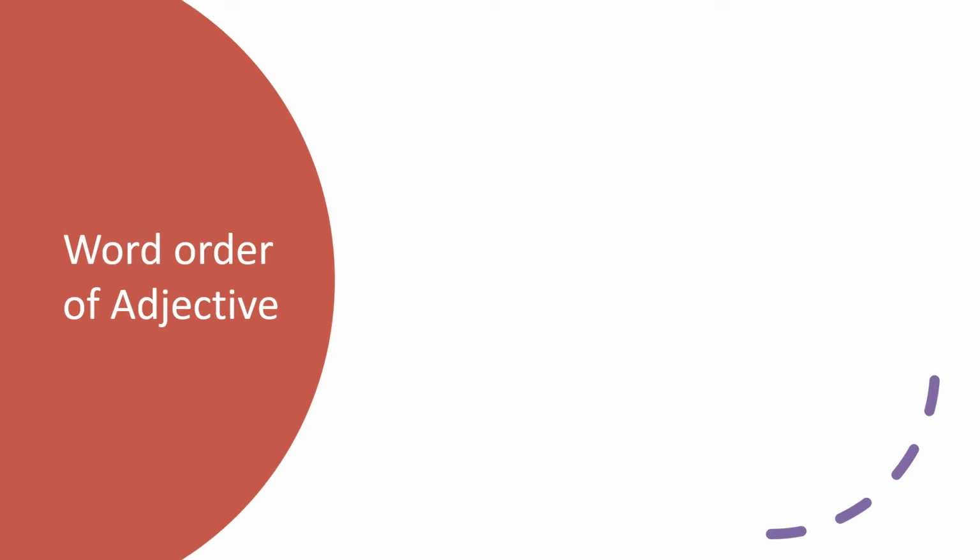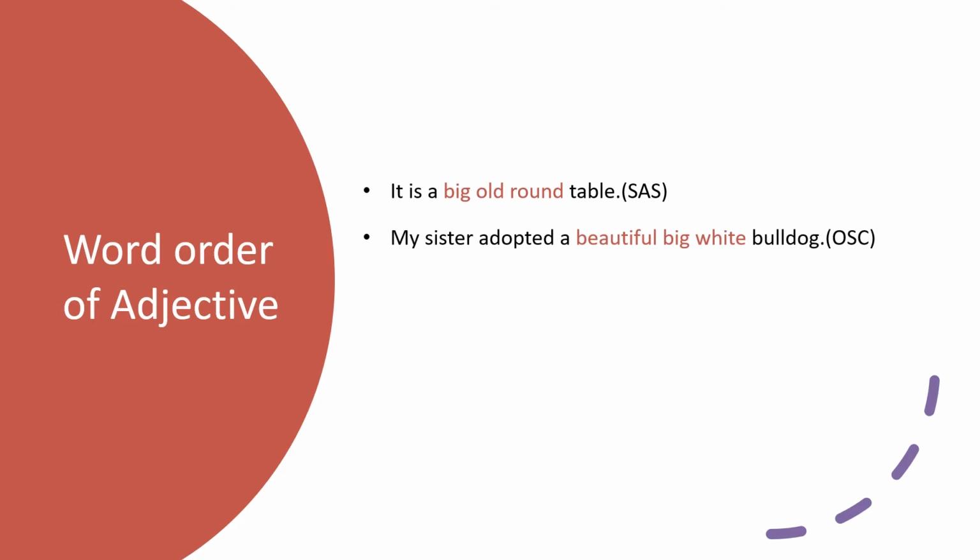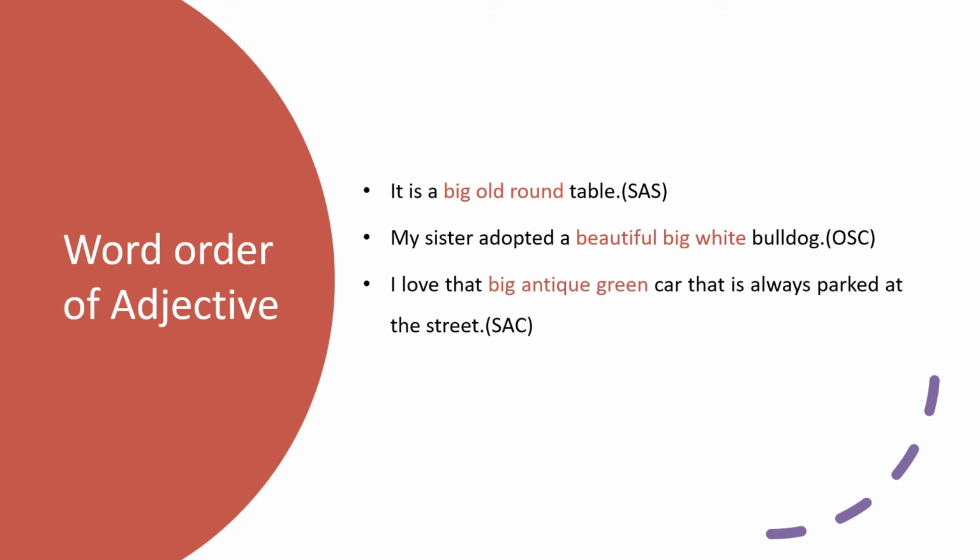The first example is, it is a big old round table. The next example, my sister adopted a beautiful big white bulldog. The next one is, I love that big antique green car that is always parked at the street. The last example is, she is a short young Indian girl.